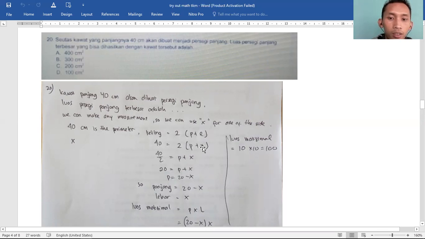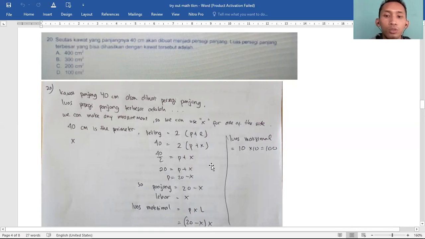length and width. But width here I make x because we don't know, right, the exact measurement. So I just put x on one of the sides. So the other one is 20 minus x, right?